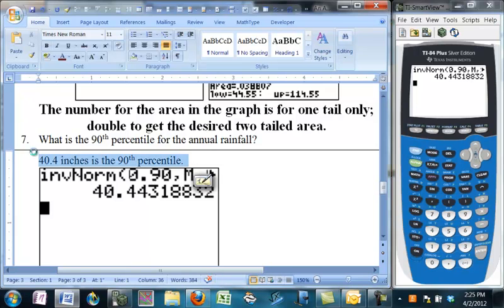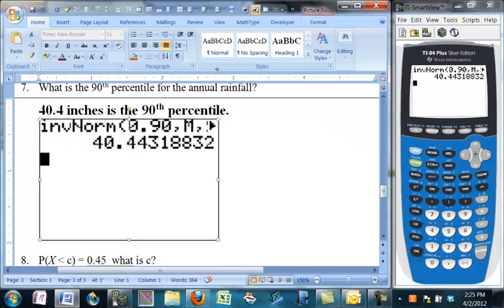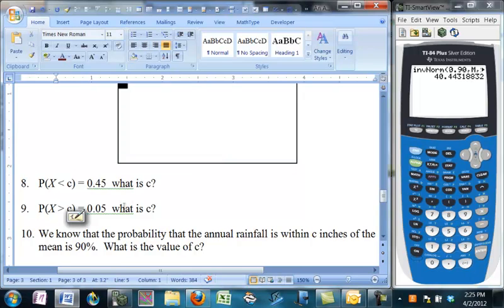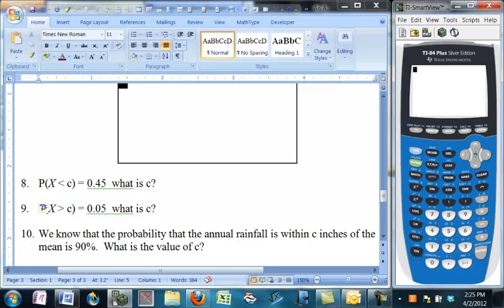Notice a percentile is always the cumulative percentage. What you're finding is the x value that goes with that. Same thing as here: we have the cumulative percentage. This is probably that x is less than c, and we want to find c. So it's exactly the same kind of problem. We just take our previous entry, and instead of 90%, it's 45%.